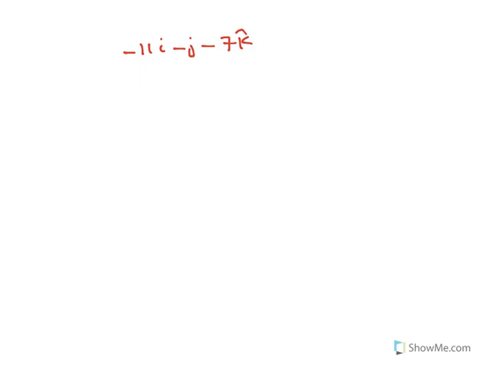And I need to prove that this u cross v is actually perpendicular to both u and v. Of course, when you think about orthogonal or a 90-degree angle between two vectors, you always go to think about the dot product, not the cross product, because the dot product between any two vectors is 0 if they are perpendicular, or in other words, orthogonal.